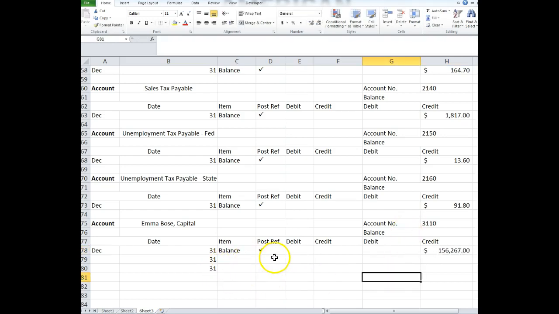Okay. So what do we need to do now to Emma Boys Capital? Okay. So what's next? What's the numbers then? Hurry up. Whenever he gets back.